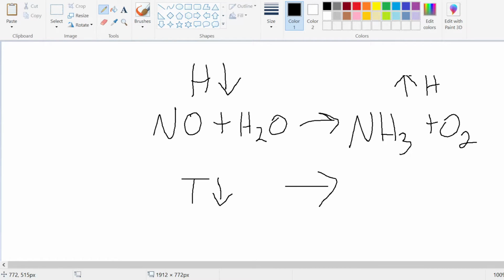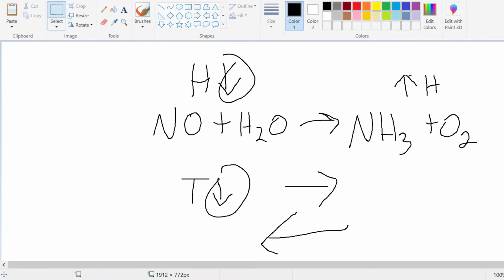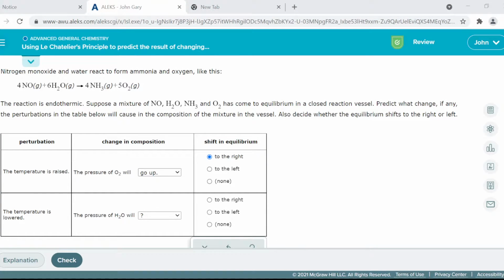So what happens if I lower the temperature? Now the arrows match. That means the equilibrium has to come back towards those arrows. Let's fill this out. Equilibrium to the left. And if equilibrium is to the left, the pressure of H2O, which is on the left, will have to go up. Okay?